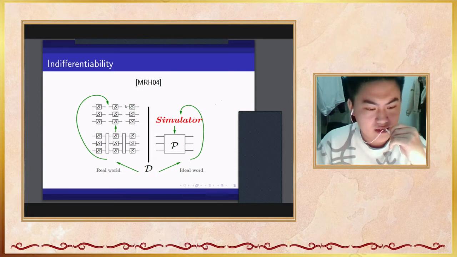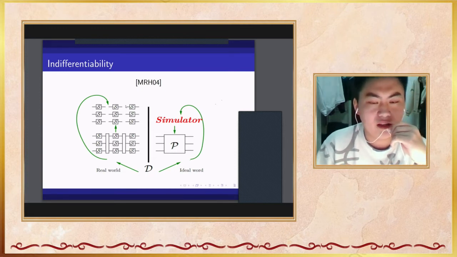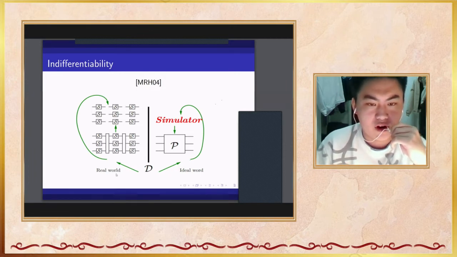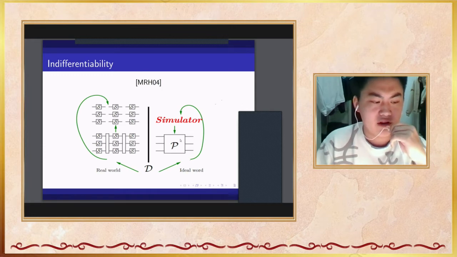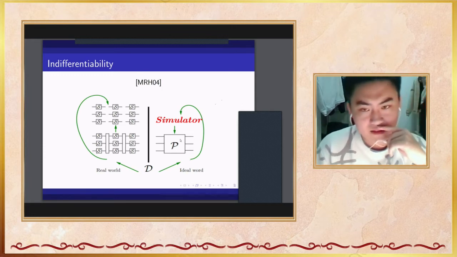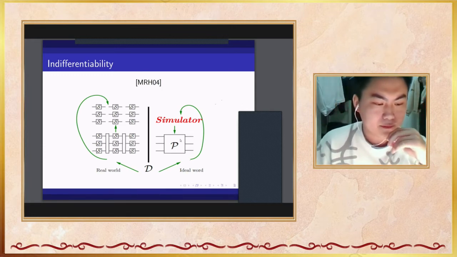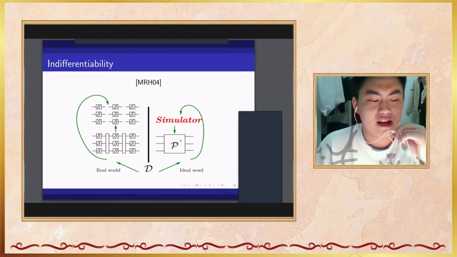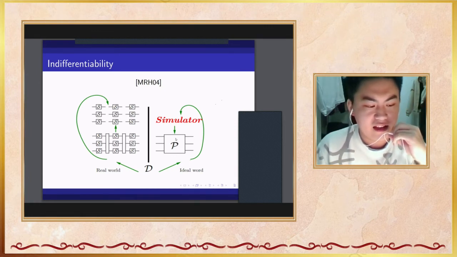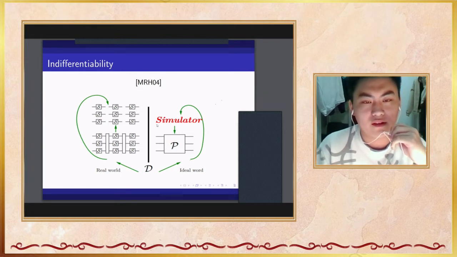In this setting, distinguisher D is trying to distinguish between the real world and the ideal world, which means the distinguisher is trying to distinguish the CDN construction from a random permutation. In the real world, the distinguisher has oracle access to the construction CDN, and it also has oracle access to each individual S-box used in our construction.